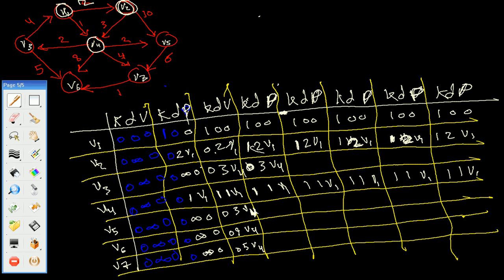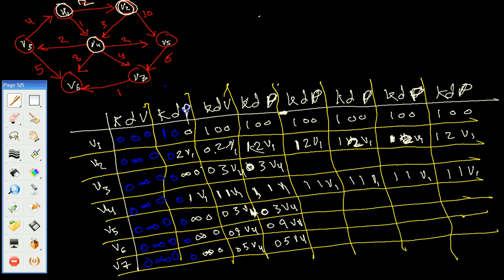The same thing will be 0, 3, V4, and from V1, 0, 9, V4, and 0, 5, V4. So compare these values. We have a minimum. You have the freedom to choose which one.